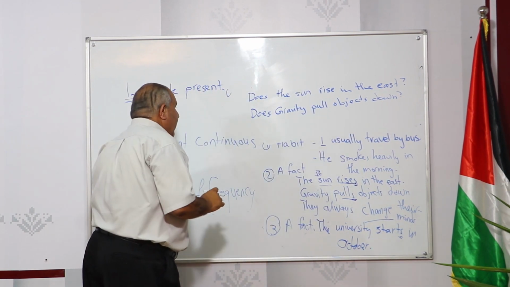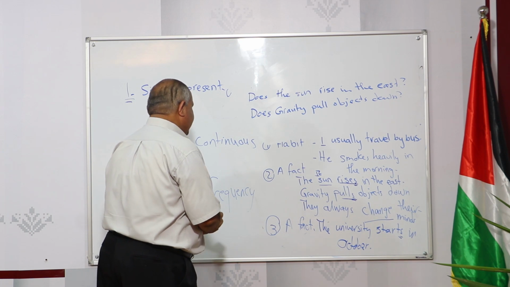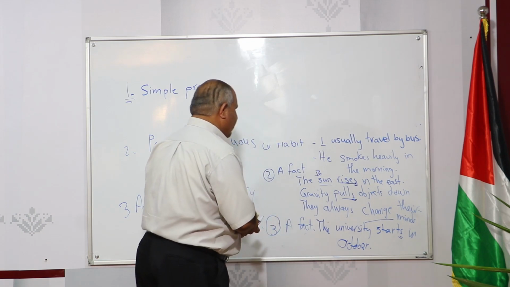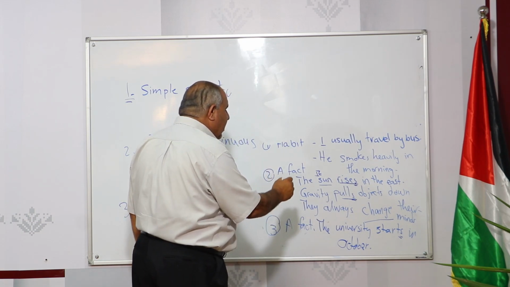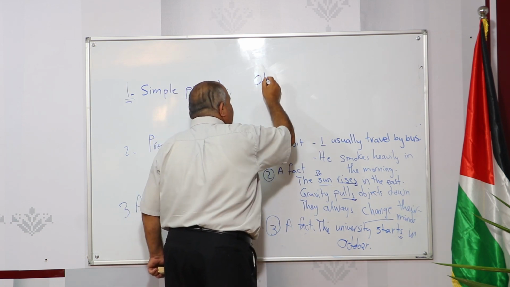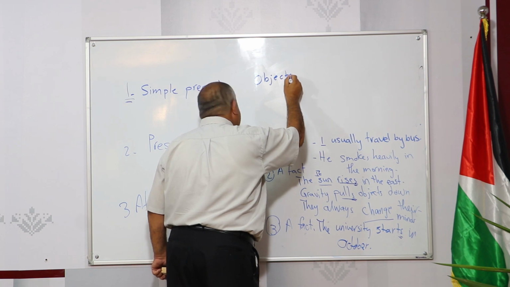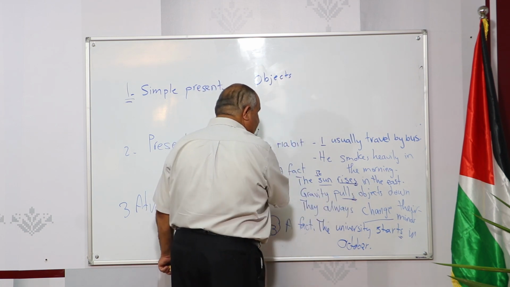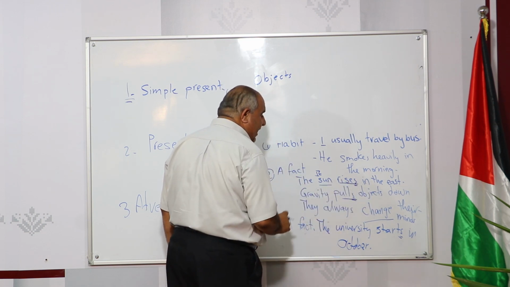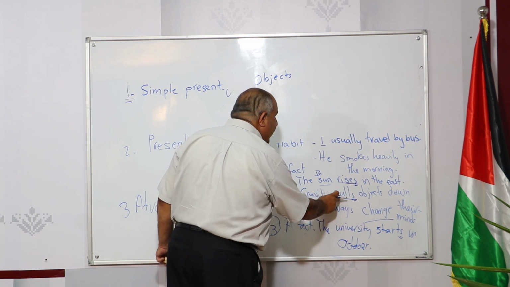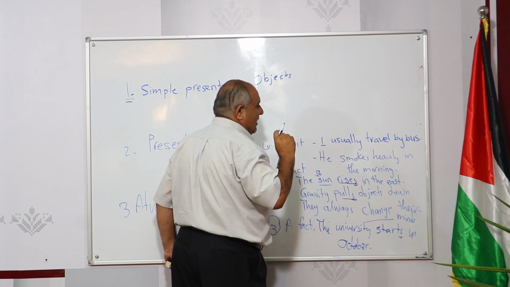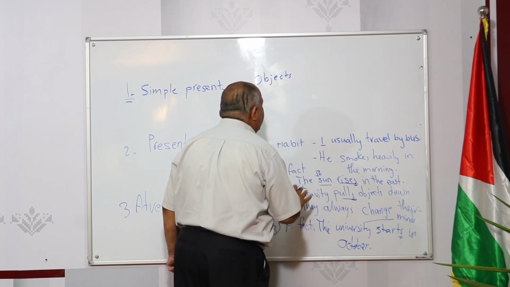Now, how about making the simple present sentences passive? We say gravity pulls objects down. Now, we take objects and we put it at the beginning. Then, is there a helping verb or an auxiliary? There is no auxiliary. Therefore, if there is no auxiliary, we have to bring one of the verb to be. The sentence is present, so we bring it in the present.